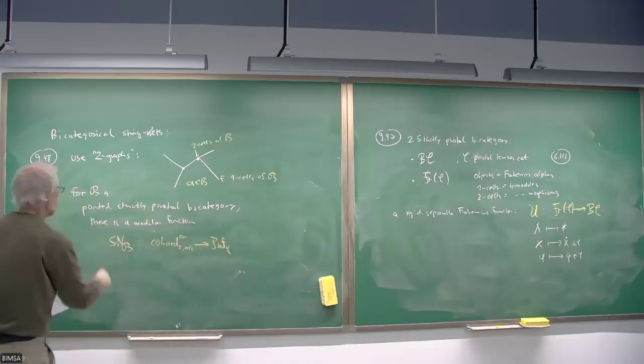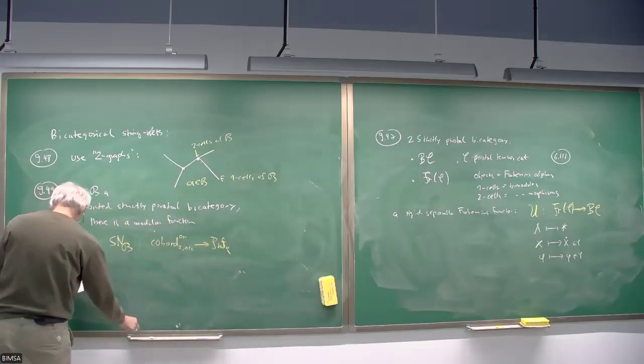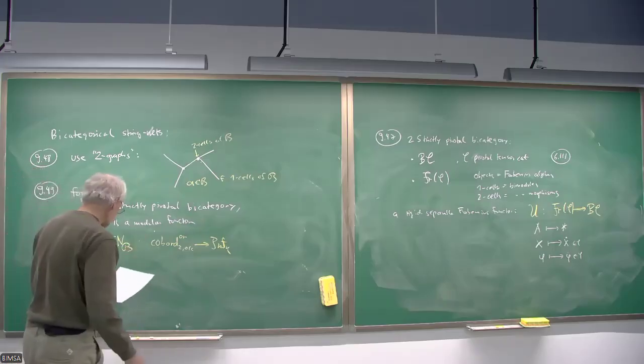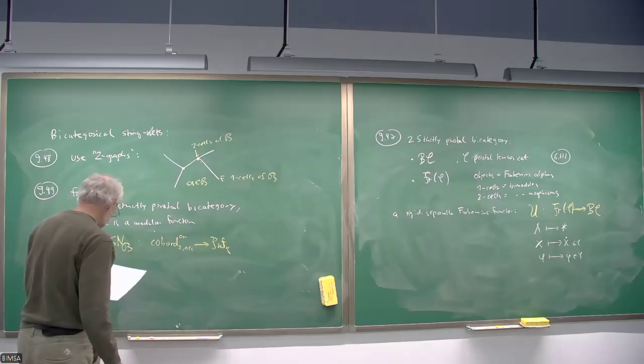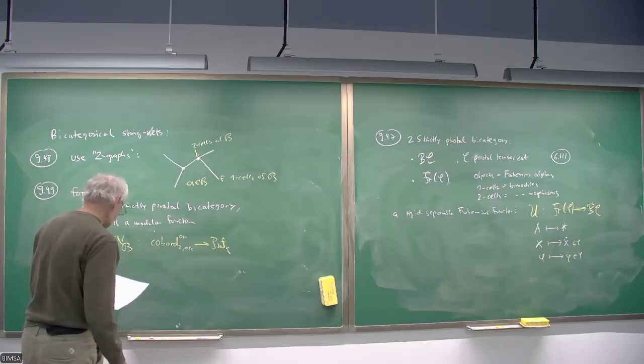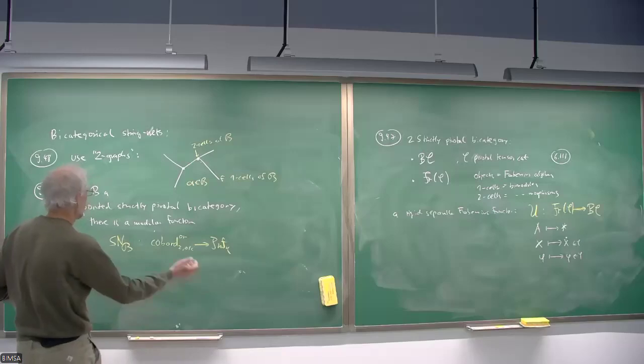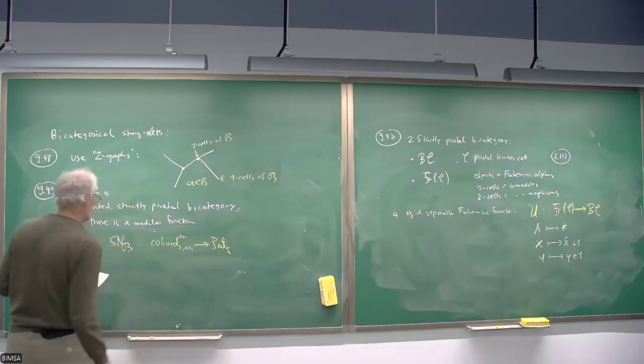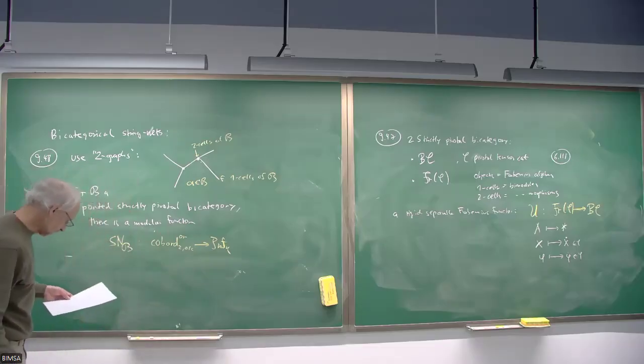But we have the bicategories as input, and it has nice properties. And this is then a symmetric monoidal pseudo functor between these bicategories.